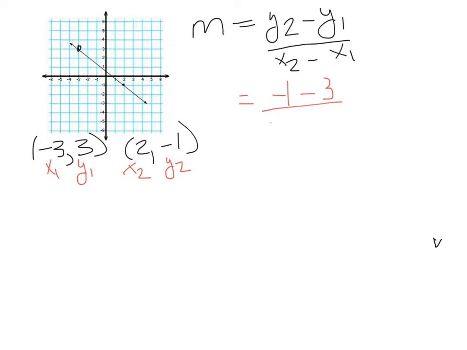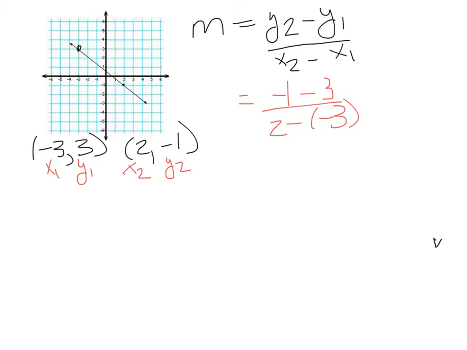X sub 2 was 2, x sub 1 is -3. Now I want to point out something important here. Notice, even though this was a -3 here, I still got to keep this minus sign, and I just have my negative inside my parentheses with my 3 so that I can remember that I am subtracting a -3 from here.